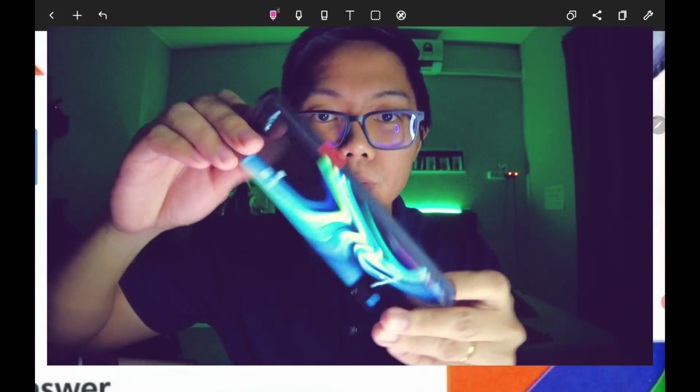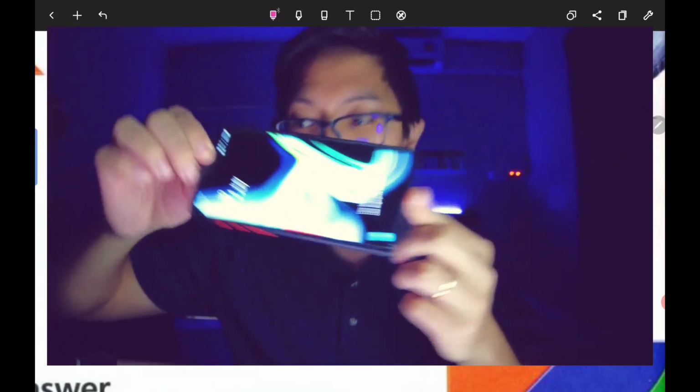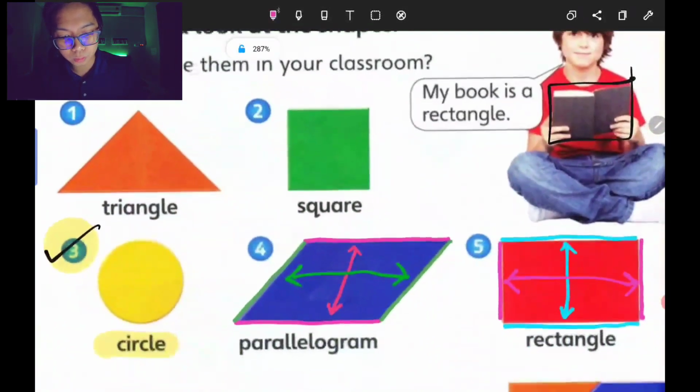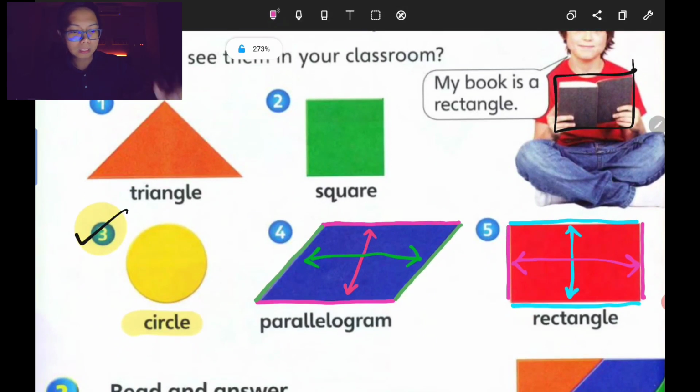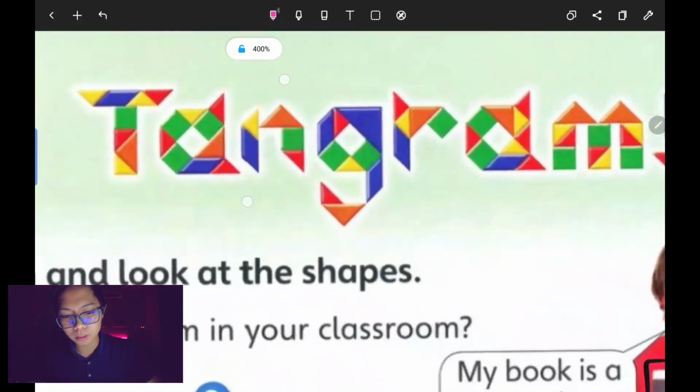Kita punya handphone selalunya berbentuk segi empat tepat. Okay, so those are examples of the 5 shapes that we are going to learn today. Okay, so back to the title just now. Kita kembali kepada tajuk ini.